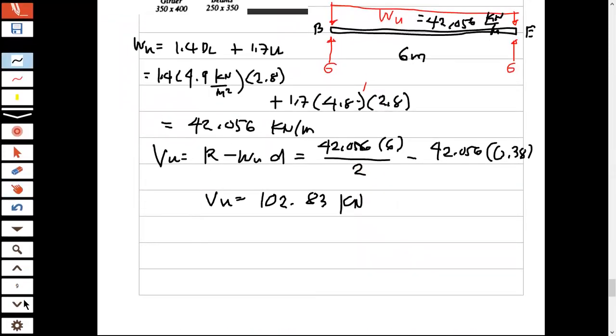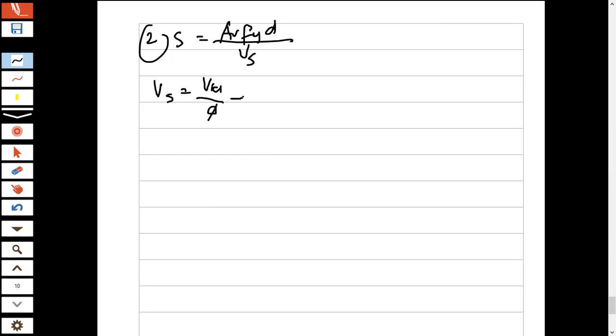Next. Number 2. What is spacing? Spacing is, familiar niya? AV, FY, d over VS. Okay. VS is equal to VU over phi minus VC. What is VC?